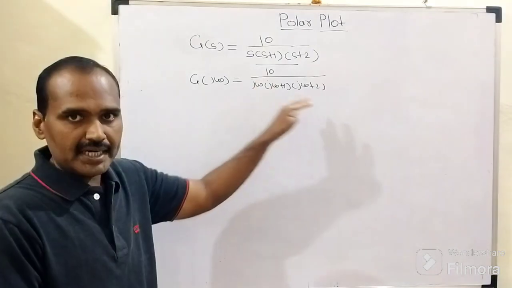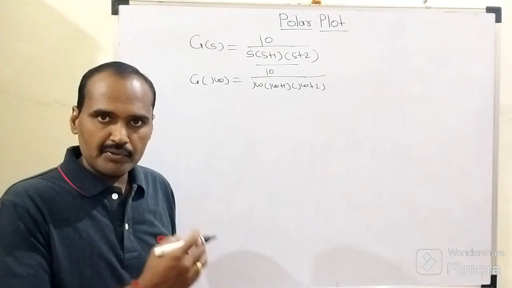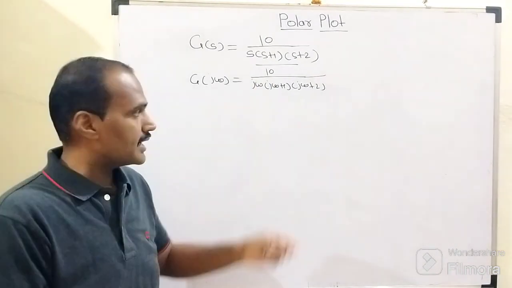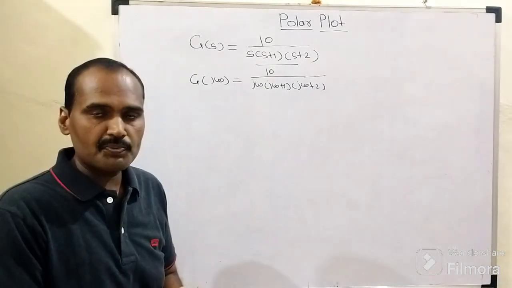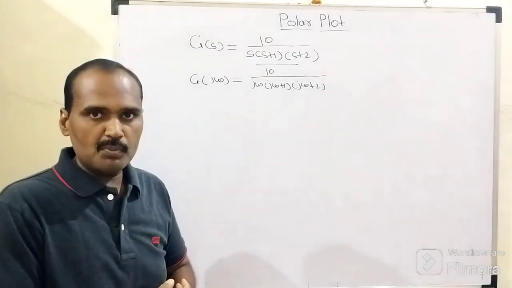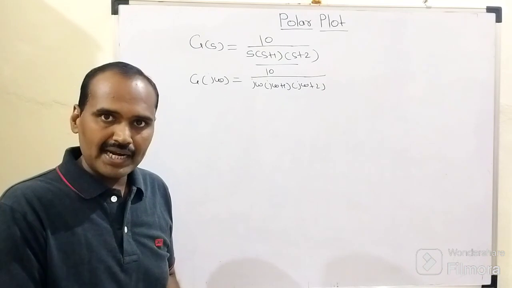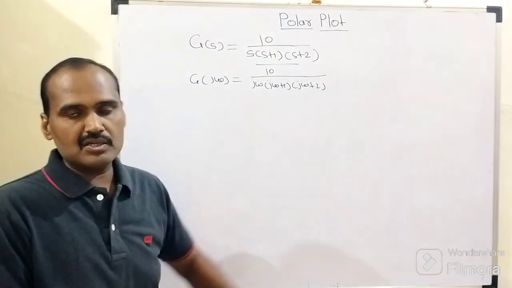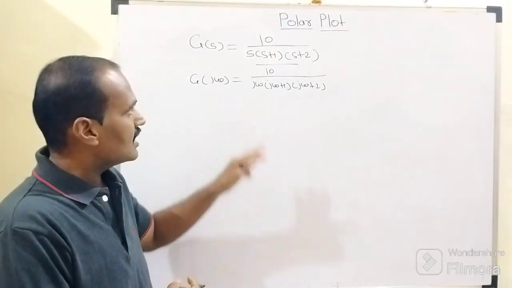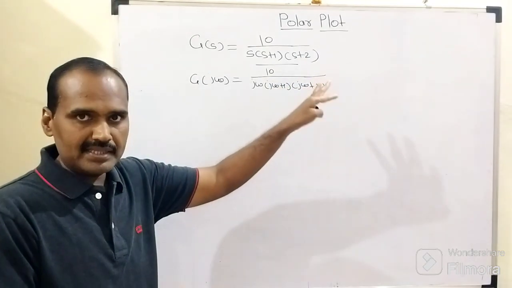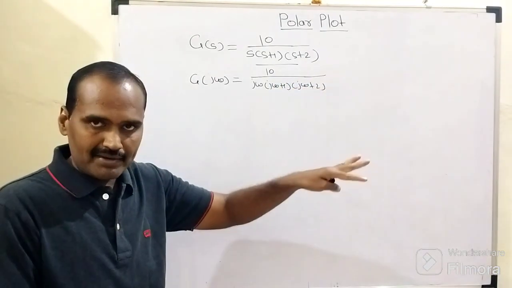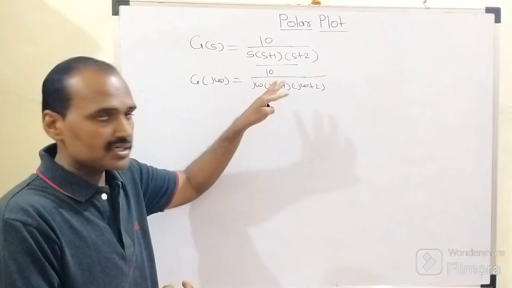In the same manner, we equate each and every s term in the denominator to 0 to define how many frequencies can be categorized as poles. Initially, we don't have any s terms in the numerator, so we don't have any zeros; we have one constant term.